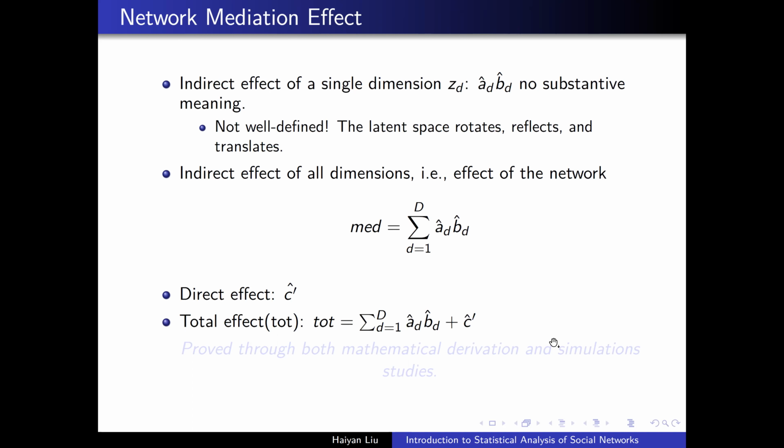We have shown through a simulation study that the total indirect effect is well defined and can be recovered, and the total effect and the direct effect are also recovered. So in the proposed network mediation model, we obtain the total indirect effect estimate, direct effect estimate, and the total effect estimate.